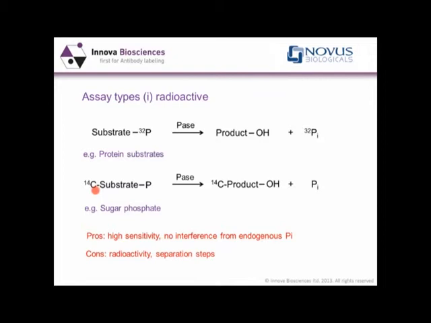In some cases, the radioactivity can be on the carbon backbone, in which case you generate a 14C specific product. So the pros of these assays are high sensitivity, and there's no interference from endogenous PI because that's not radioactive. The cons are obviously radioactivity, and you will always need a separation step to separate the product from the remaining substrate, or in this case, the C14 product from the C14 substrate.